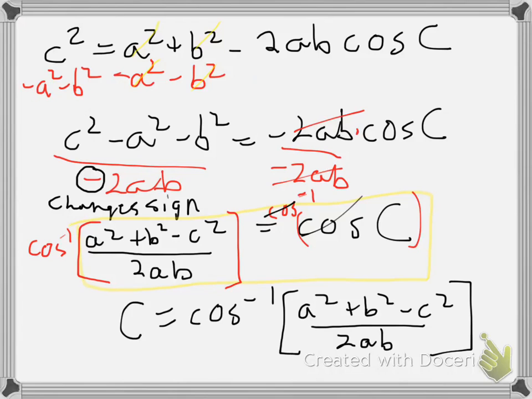So most people will just figure out this ratio, and then as a second step they'll do arc cosine of it. So in a sense, a lot of people will stop here where I put the first box, all the black writing, they'll stop there and write the law of cosines that way. And then when they need to, they'll arc cosine at the very end.